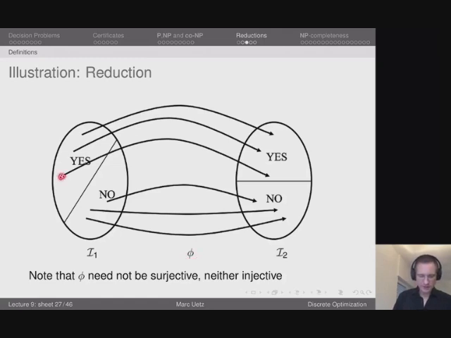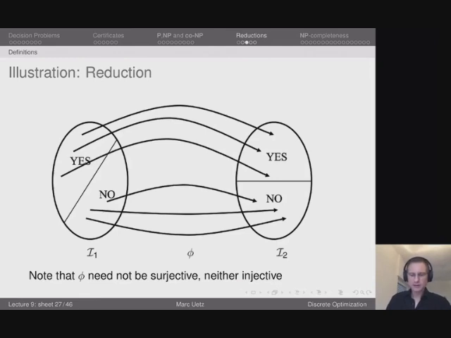So for any instance here, the corresponding instance from problem 2 has to be computable in time that is polynomial in the original coding length of that instance, and that for all the instances here. And as yes is mapped to yes, if and only if, that means that no is also mapped to no. In general, this mapping need not be surjective, neither injective. And for most of the reductions, say non-trivial reductions, this will also be the case.